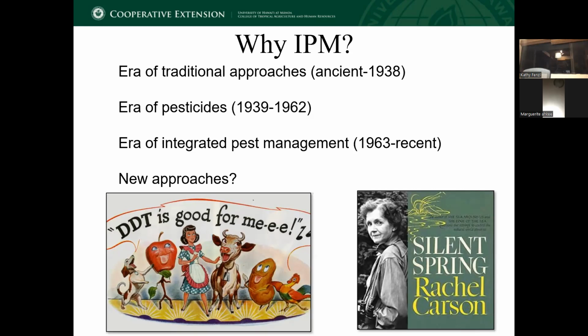But then coming into the 1960s, with the publication of Silent Spring, for example, we saw some of those broader ecological impacts from the heavy use of pesticides, which shifted into this era now of integrated pest management, and maybe thinking about new approaches that might come out in the future as well.